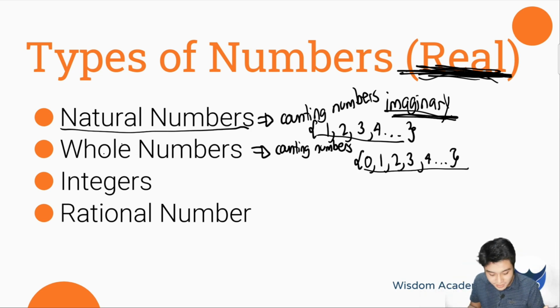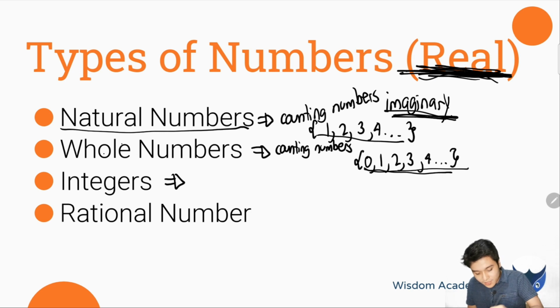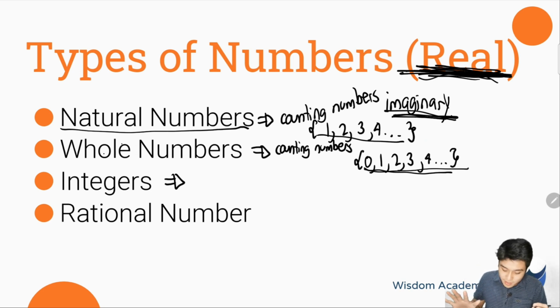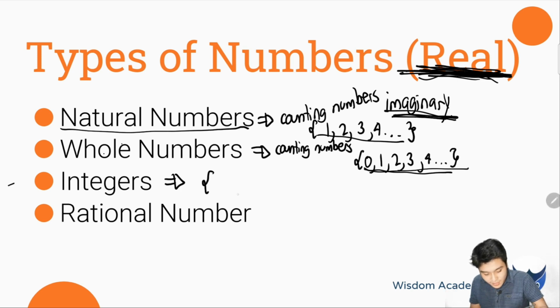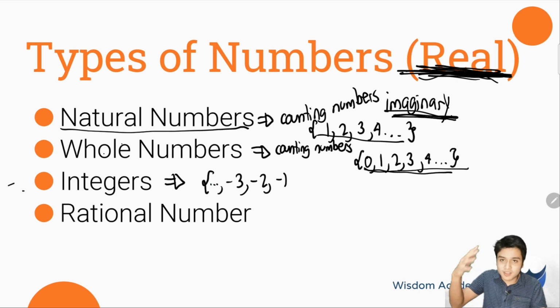Now, yung integers naman, basically, etong set na whole numbers na to, dagdagan mo lang yung negative versions ng mga numbers na to. Yung negative versions ng mga counting numbers natin, lagay mo lang yan sa set na yan. Ang mangyayari, makukuha mo yung set of integers natin, which is mga negative counting numbers, negative 1, negative 2, negative 3, hanggang pababa ng pababa.